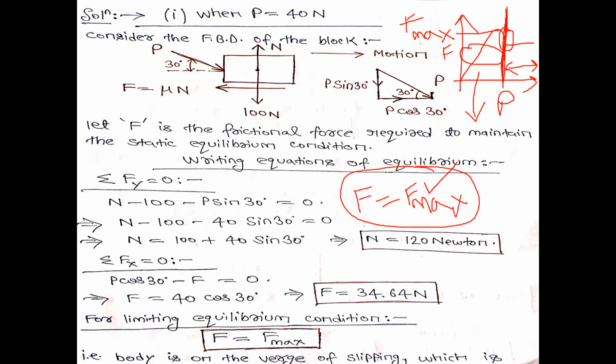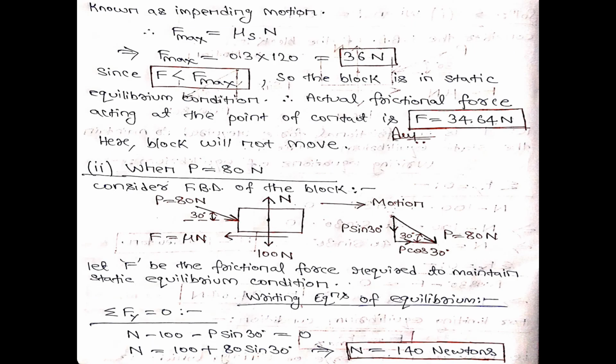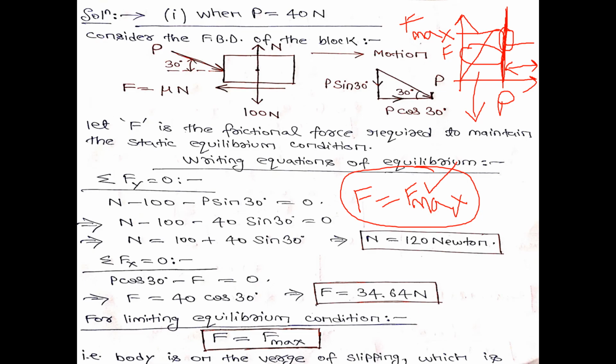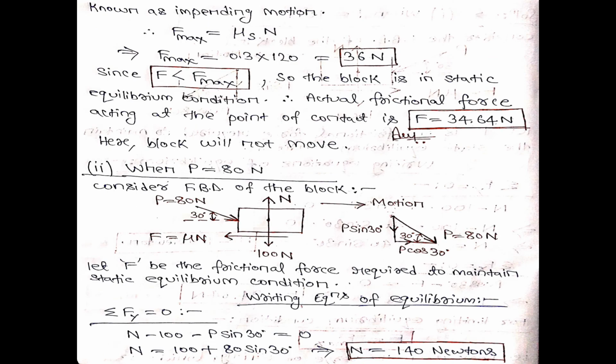It has not moved yet. So the value of mu will be mu s. So F max is equal to mu s into N. N we have already calculated, that is 120 Newton, into mu s, given in the problem as 0.3. I am getting F max as 36 Newton.